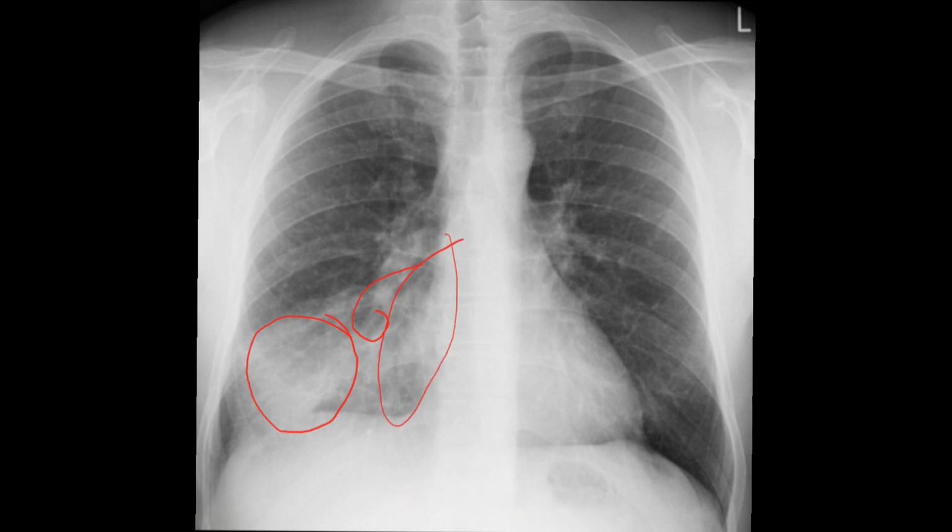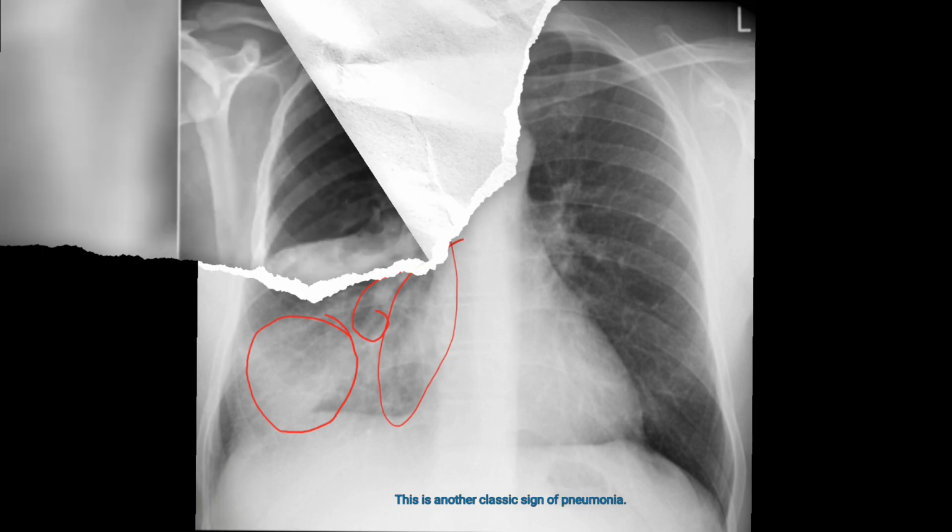So loss of the right heart border is called the Silhouette sign. The Silhouette sign helps to localize pneumonia because the right side heart border is obscured. This suggests right side middle lobe pneumonia. We discussed in the above slide the air bronchogram within opacity. This is another classic sign of pneumonia.